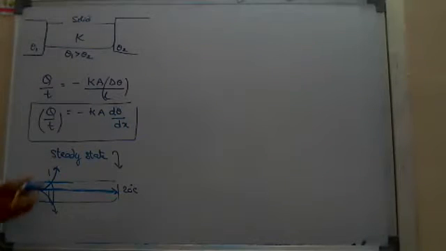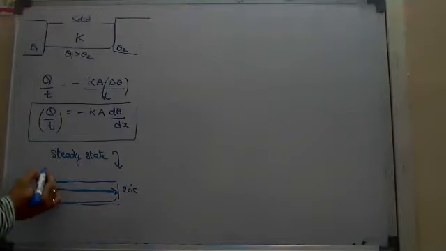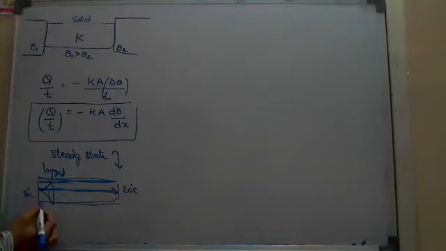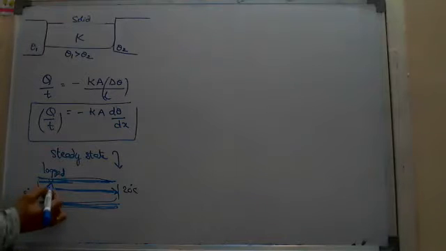So generally, to avoid this type of conduction, when you come to advanced types of questions, they clearly mention the rod is lagged. Lagged means the surfaces are completely insulated, meaning the heat cannot flow through the side walls.